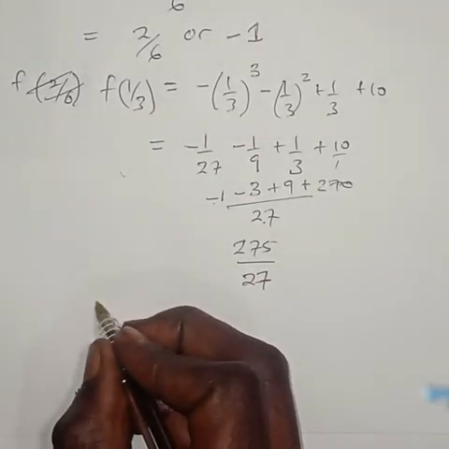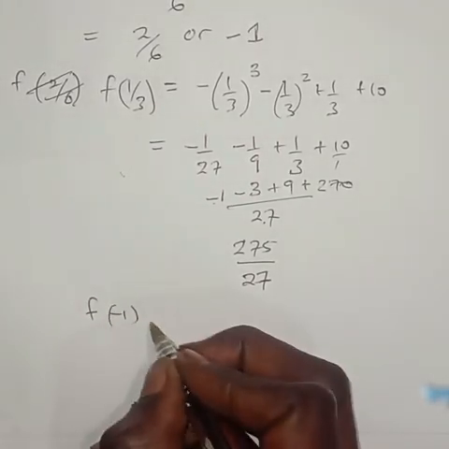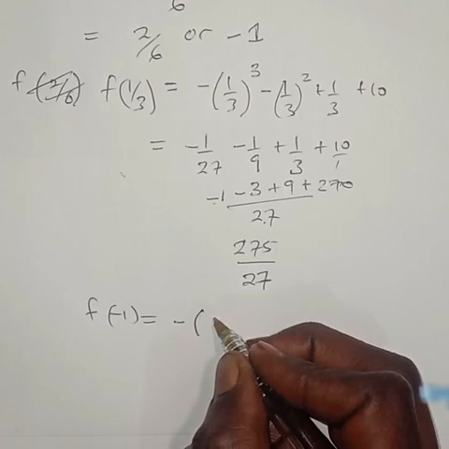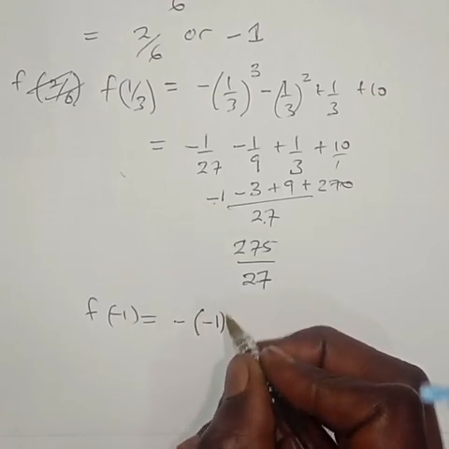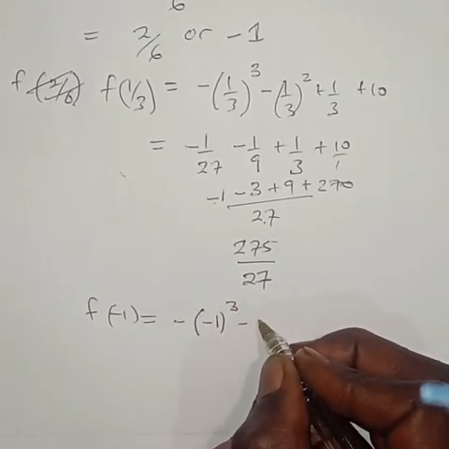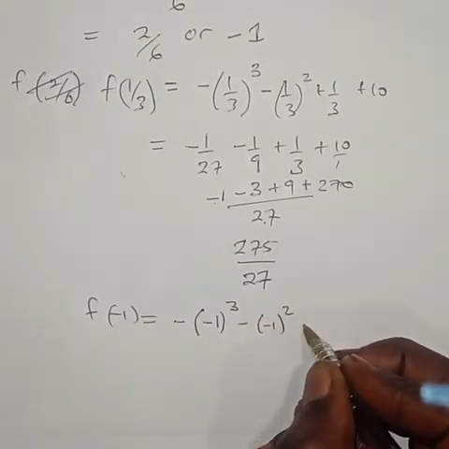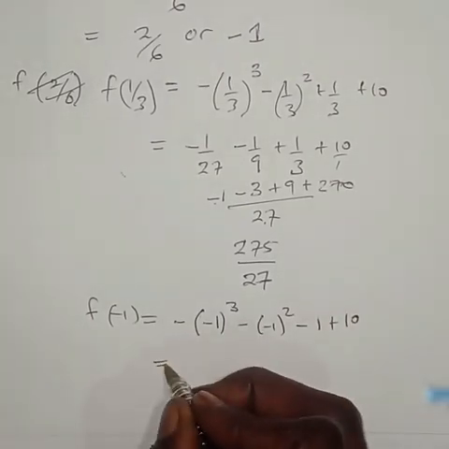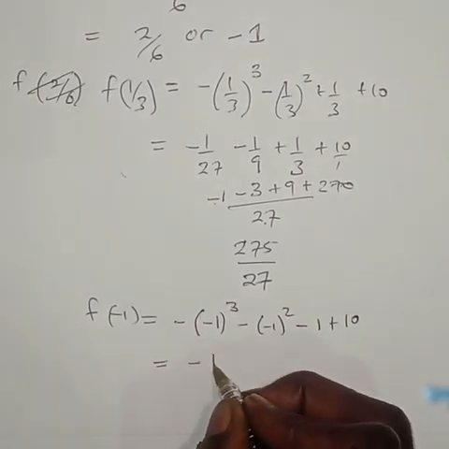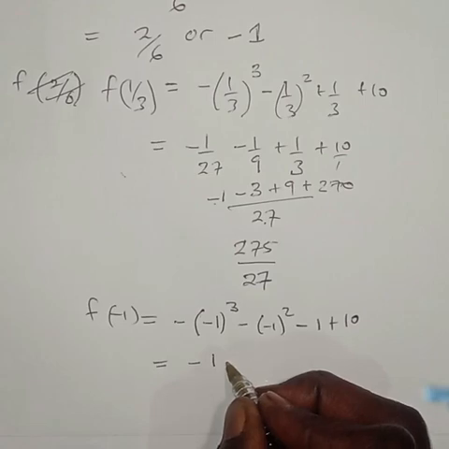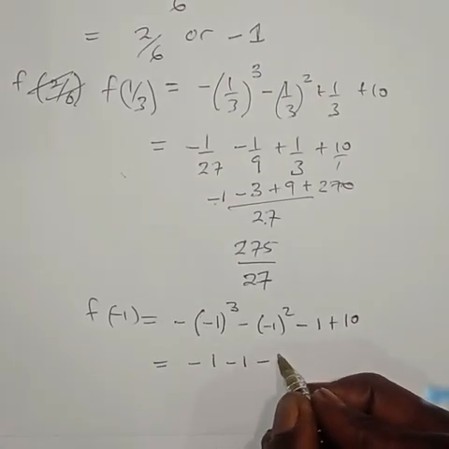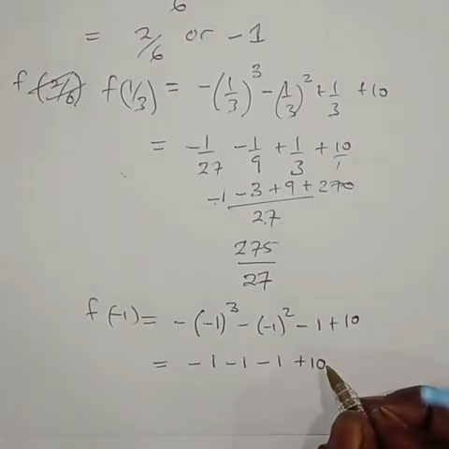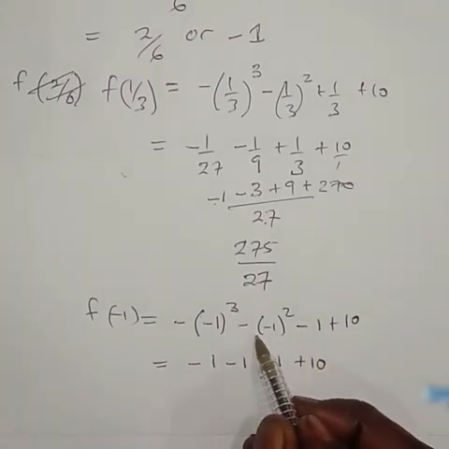So we say f of minus 1 is equal to, if I put it in the original equation, minus 1 to the power of 3 minus minus 1 squared minus 1 plus 10. Let me just check again.